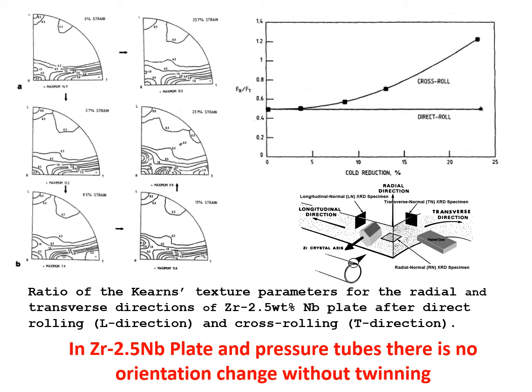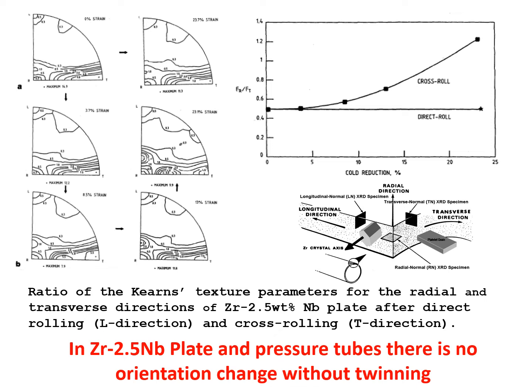So this top line here shows that if we do what's called a direct roll, we roll in the longitudinal direction, in this case by roughly 25%, and go from this orientation distribution of the material to this after 25% rolling, you can see that there's no change in the texture, nothing discernible anywhere. And that corresponds to this line here.